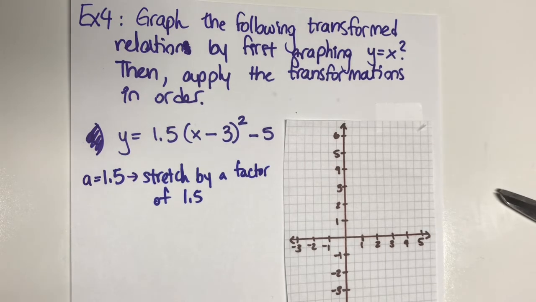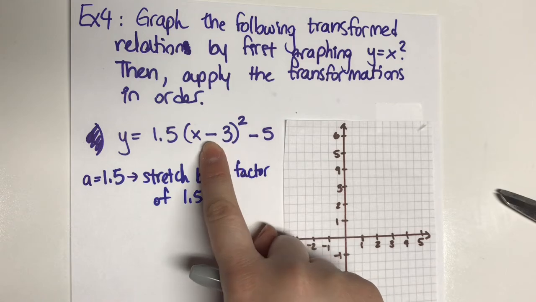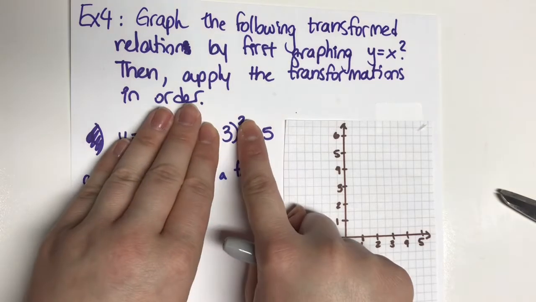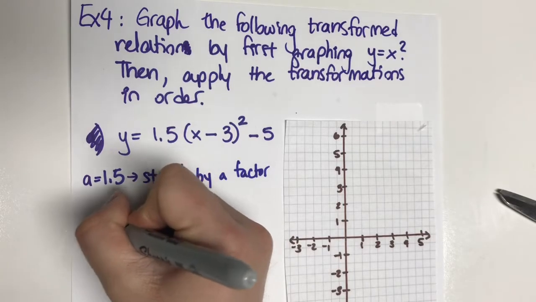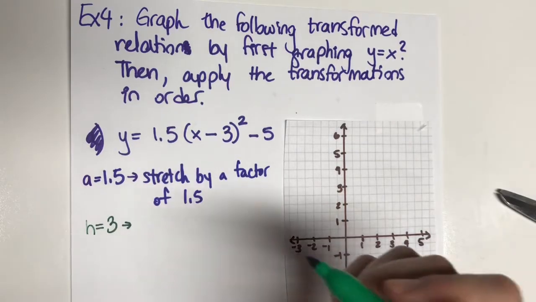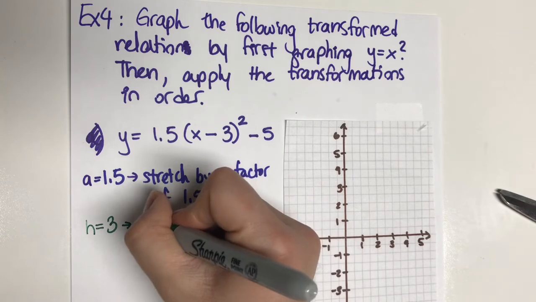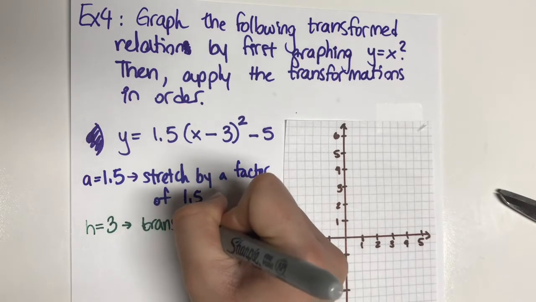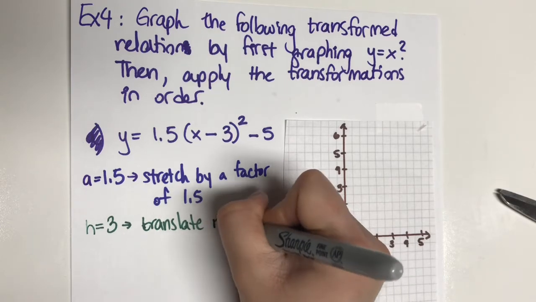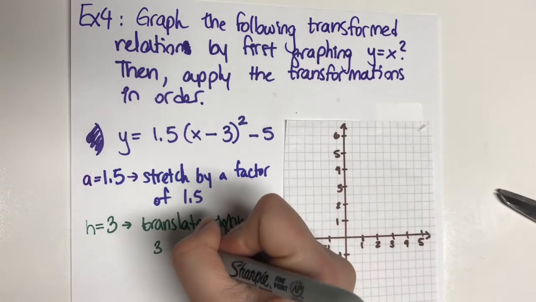Okay, my h is this value right here. There's a negative sign, so it's just the 3. My h is 3. You can think of it as opposite of what it looks like. So h is 3, so that means I'm translating right 3 units.